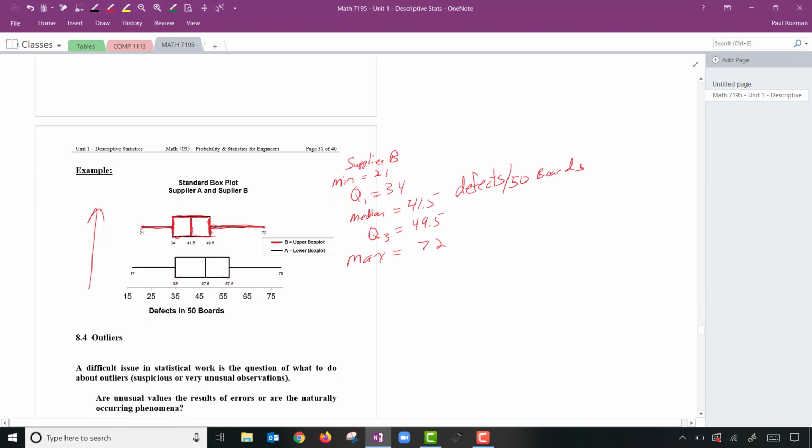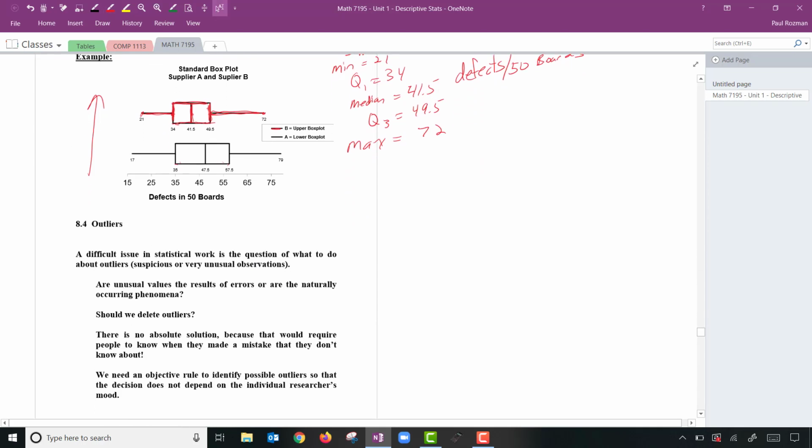A few times throughout this, I've been mentioning another term. I've been mentioning outliers without really defining it. Outliers are sort of suspicious scores or unusual scores. And it's a really difficult topic to discuss because there isn't a solid rule as to what to do with outliers. If you have a data set that has one value that's completely different from all the rest, maybe way higher, what should you do with it?